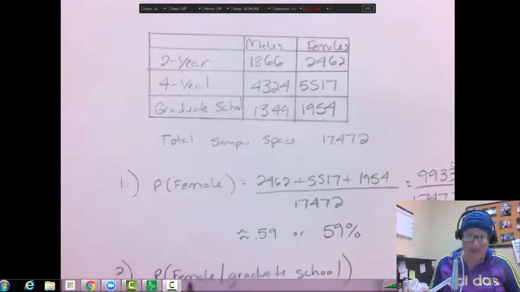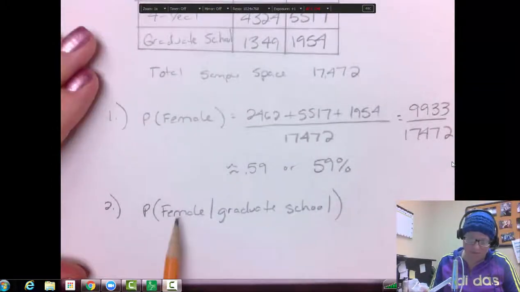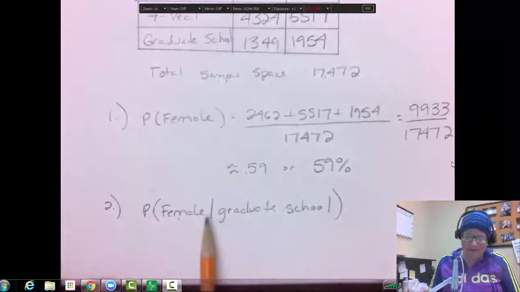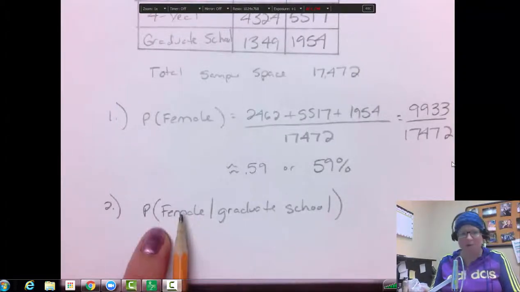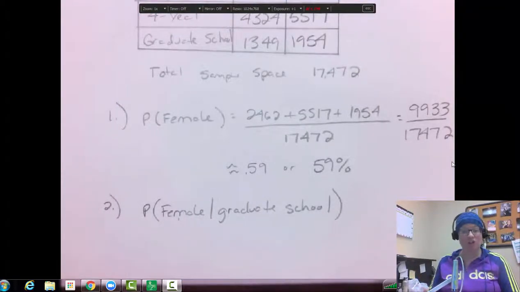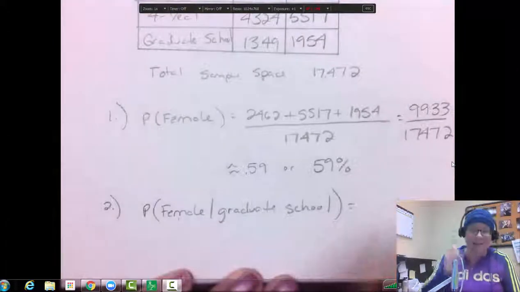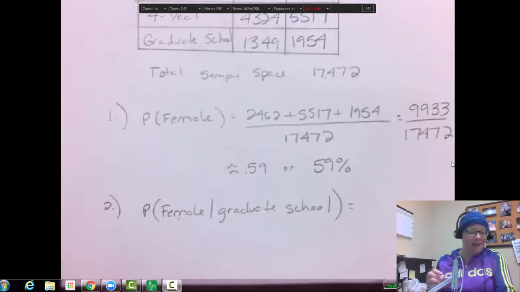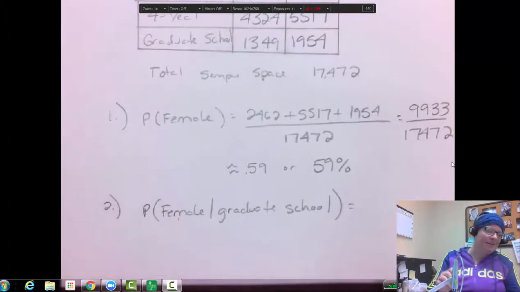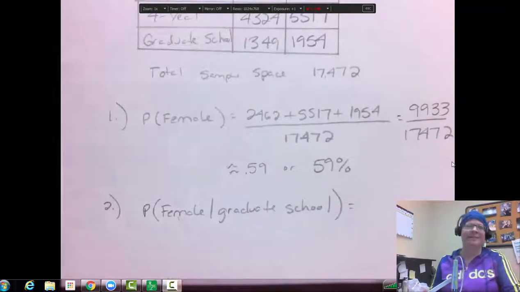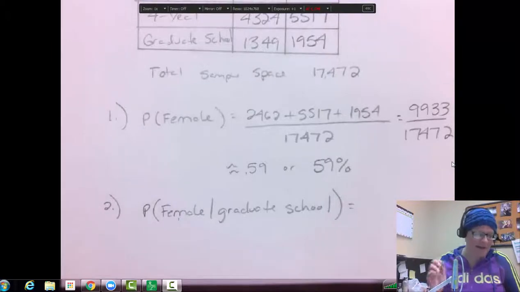That's what the line symbol means: the probability of this one given you were this one.